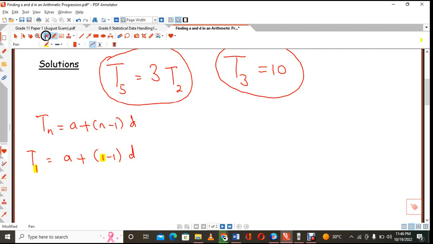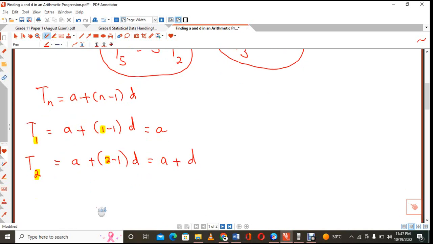If you multiply out, you're going to get a 0 times D. So that's why we say the first term is represented by an A. The second term, if you multiply this out, is A plus D. That's the second term. So let's do the third term. The third term will be A plus 3 minus 1 times D, so that will be A plus 2D.